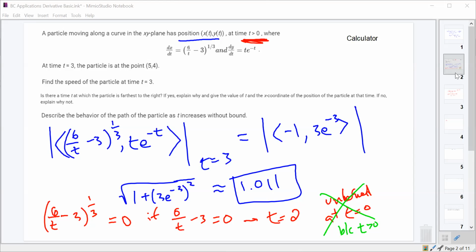And since we haven't talked about integrals yet, we'll probably come back to this question sometime once we've talked about integrals. But you just integrate your dx dt value there using your initial condition of t equals 3, it being 5, 4 to find the constant when you integrate, and you'd end up with some x coordinate. So don't worry about that right now. We'll worry about that when we come back to vectors and parametric stuff after we've done integrals.